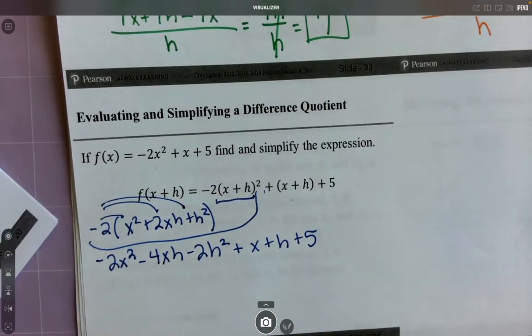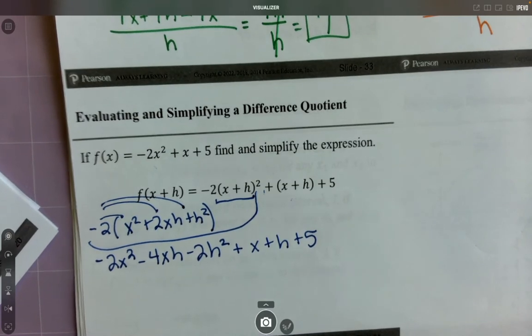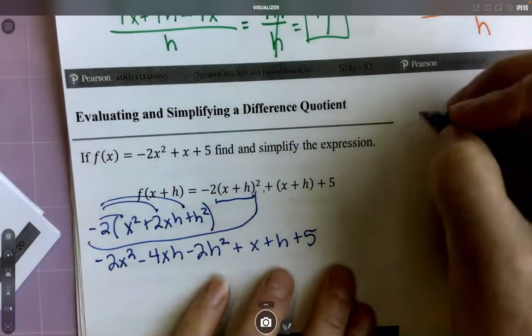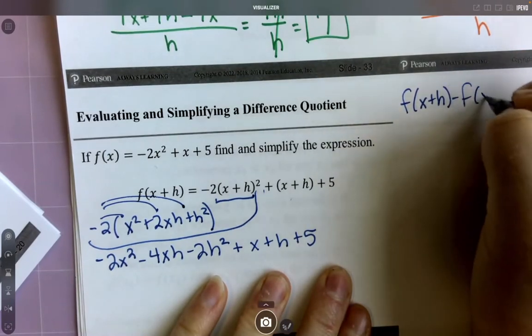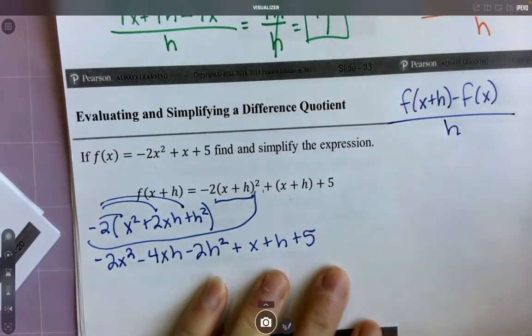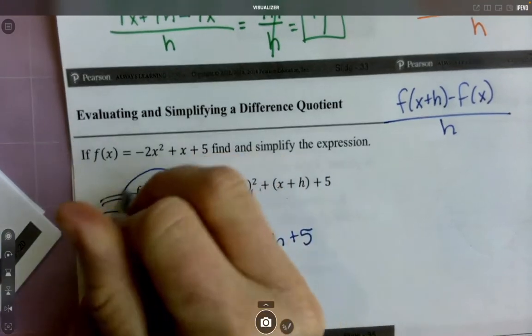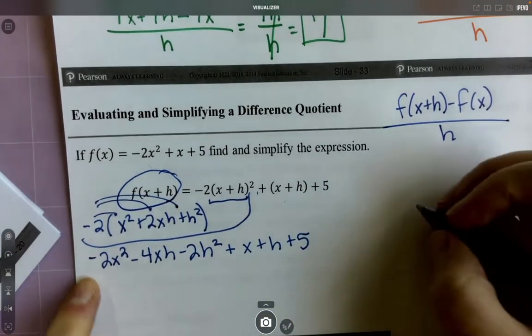So now that I have that, I'm going to plug it into that formula, f of x plus h minus f of x over h. All right, so this right here is just f of x plus h. So I'm going to rewrite it.